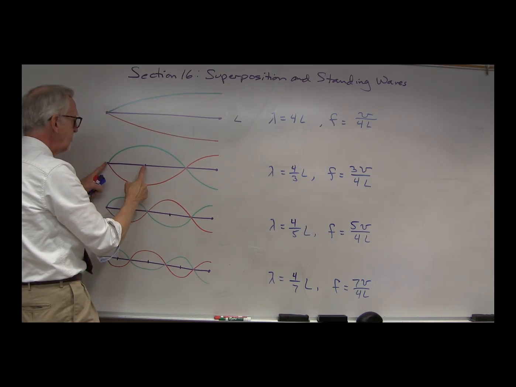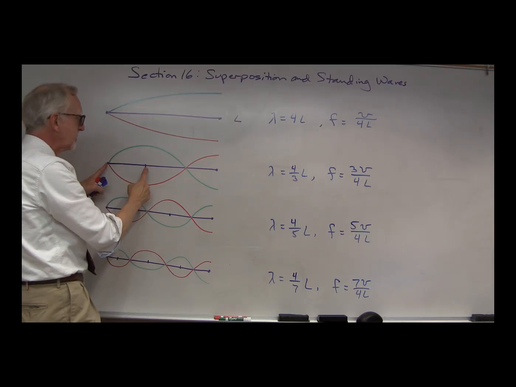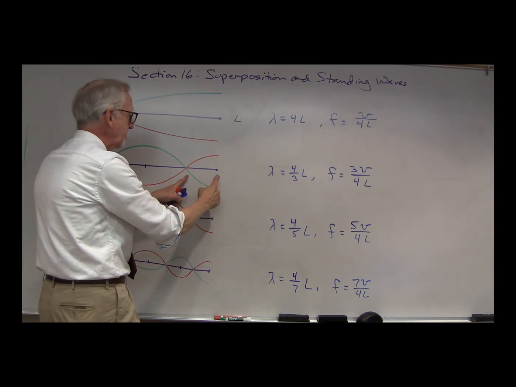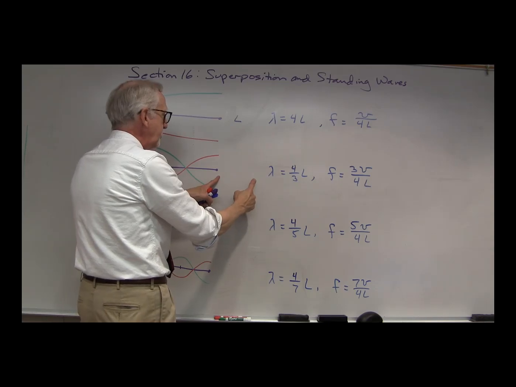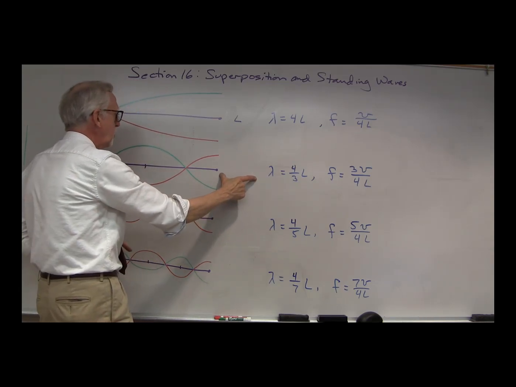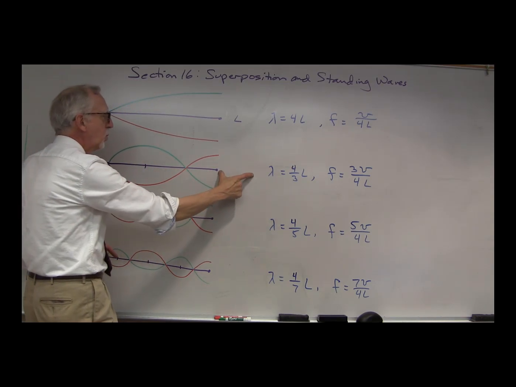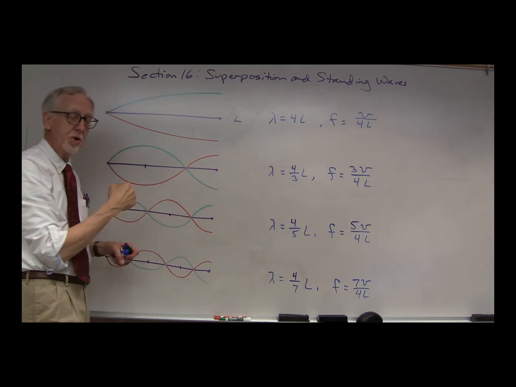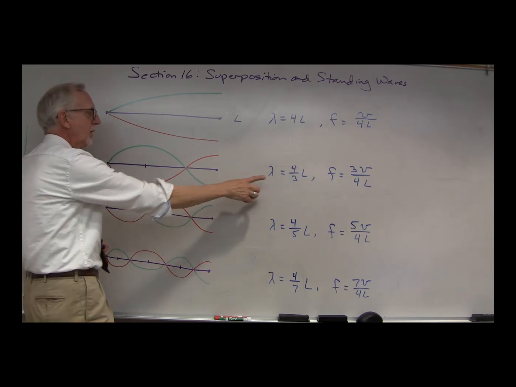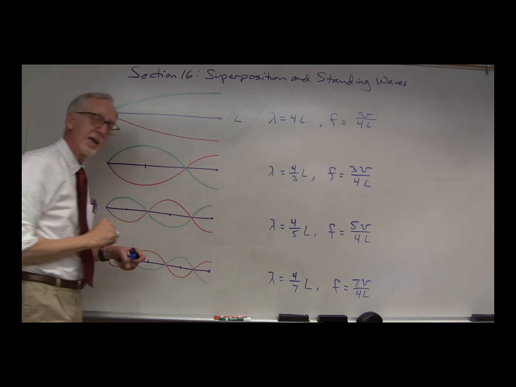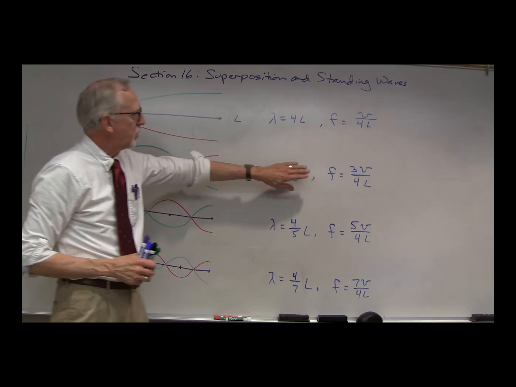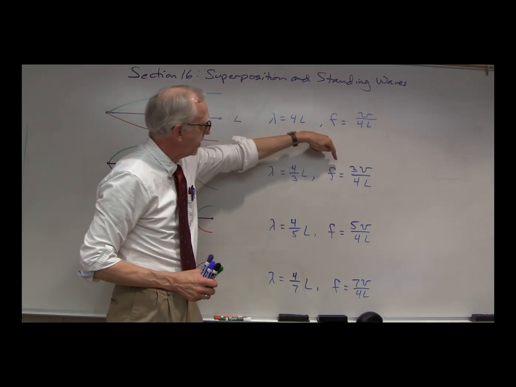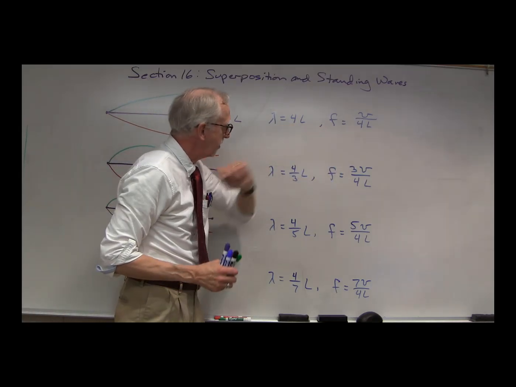So we've got equilibrium to maximum, maximum to equilibrium, equilibrium to minimum, minimum to equilibrium. So we need to add one more third. So a whole length plus a third is 4/3. So the wavelength of this one would be 4/3 times the length of the chain. The frequency would then be V over that, so that would be 3V over 4L.